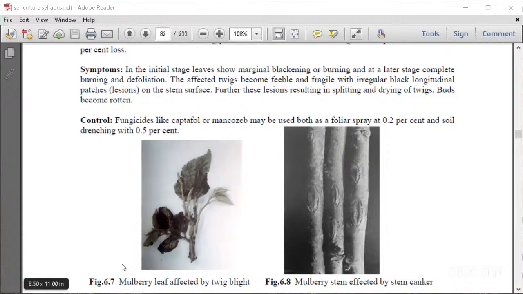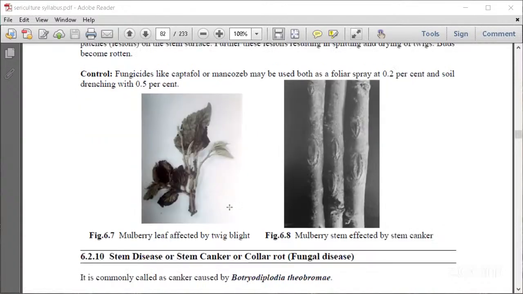So what are the symptoms? As we just discussed, see here, twig blight. In the initial stages, leaves show marginal blackening. The marginal blackening may happen with spots and burning, and at a later stage complete burning and defoliation take place.